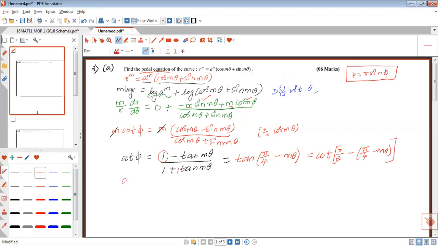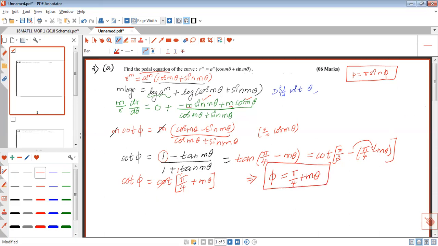So value of cot phi will be cot of pi by 2 minus pi by 4, that is pi by 4, minus into minus becomes plus m theta, or else phi value is, cot inverse gets cancelled, pi by 4 plus m theta, value of phi.